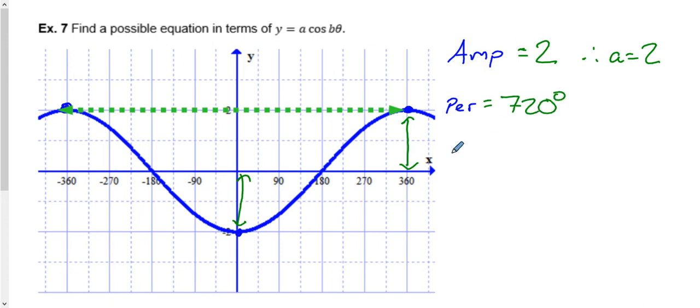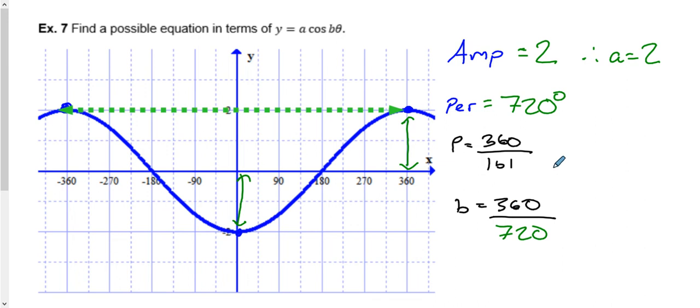So to find our b value, again, I want to rewrite an equation. So our equation is period equals, in this case, not 2 pi, it's going to be 360 because we're in terms of degrees, over the absolute value of b. Again, so then b is now equal to 360 divided by my period. Well, my period was 720. So 360 over 720, well, this is the same thing as saying 1 over 2.